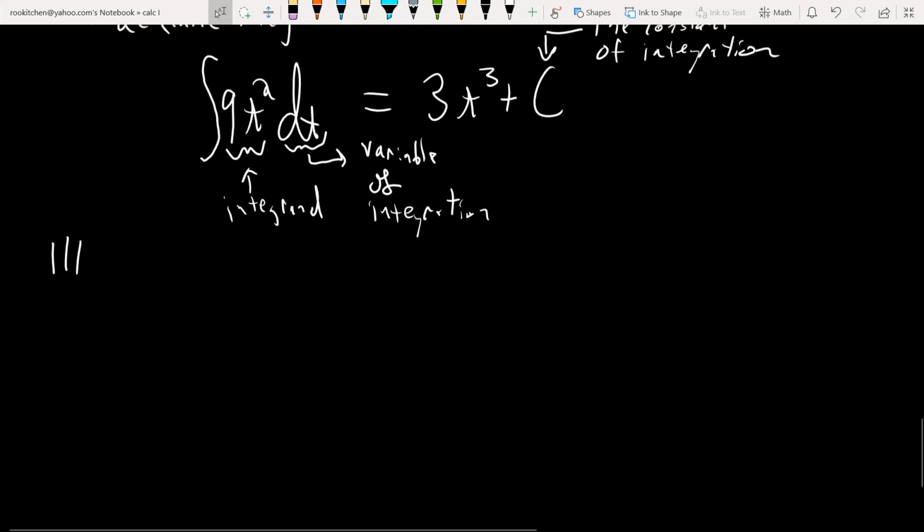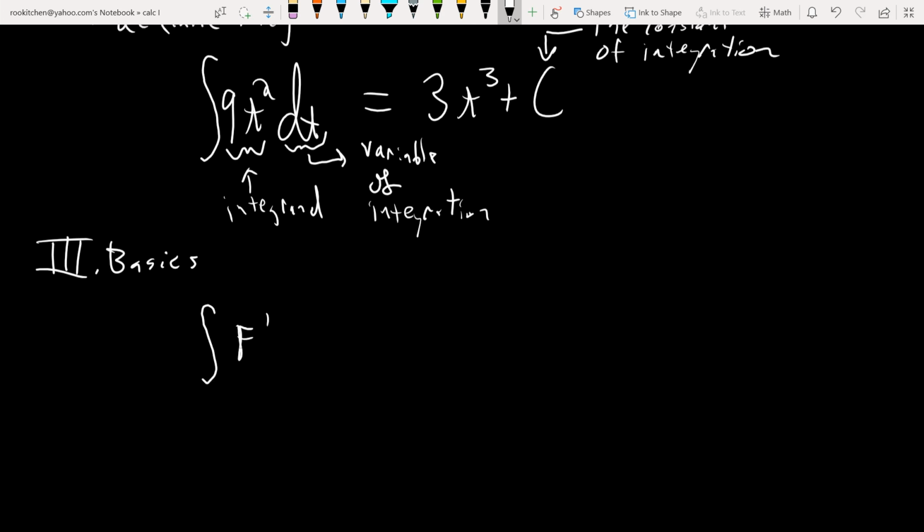Okay, so basic integral rules then. Section 3 in my notes. The derivative and the integral are kind of inverses of each other. And I say kind of because of the cancellation equations that you may have learned in pre-calculus for inverse functions. Let me remind you of them over to the side here.